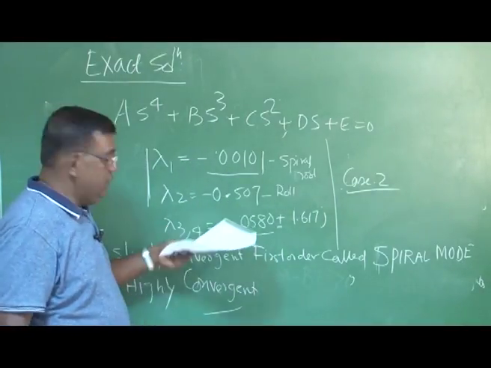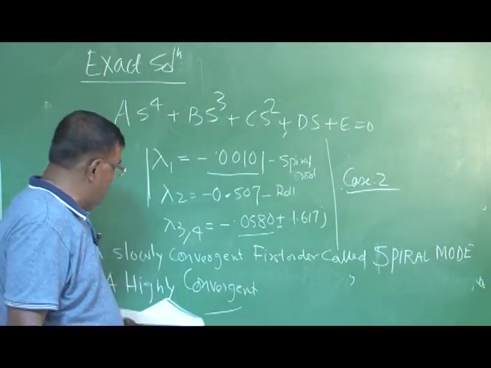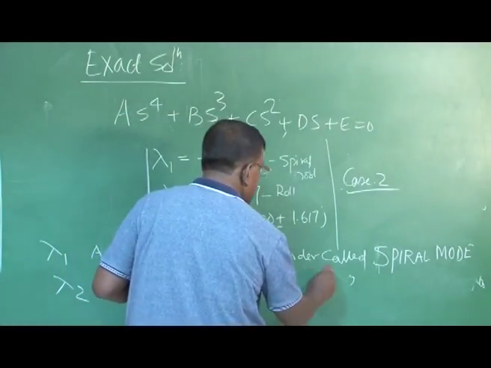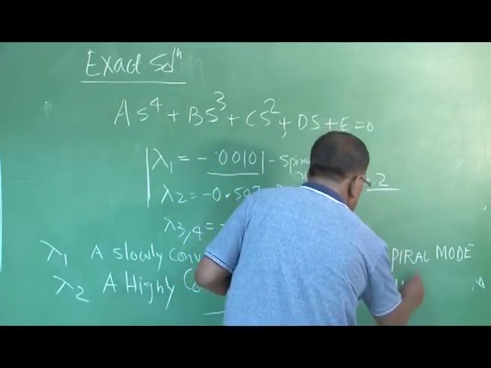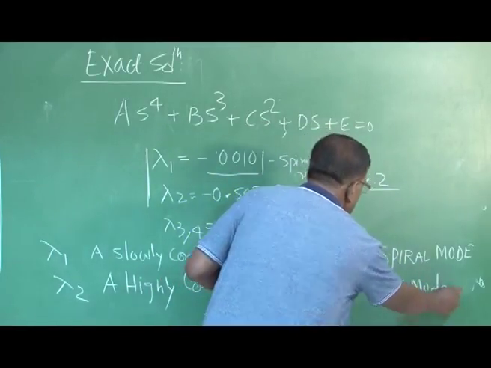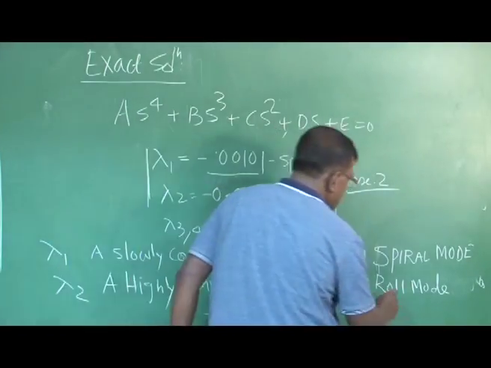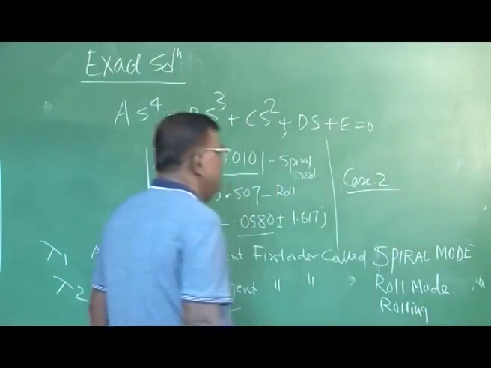Here the value is large, so this is convergent because of the minus, but the magnitude is large, so it's a highly convergent first order. Of course, first order you could see here, and this is called roll mode, or rolling mode. Whichever you like to use.